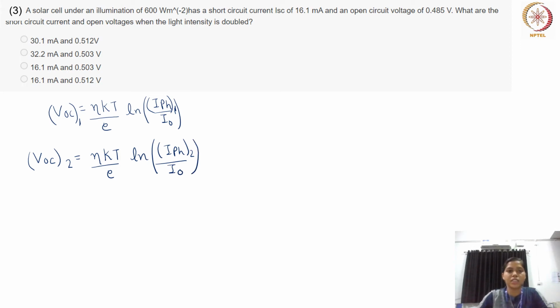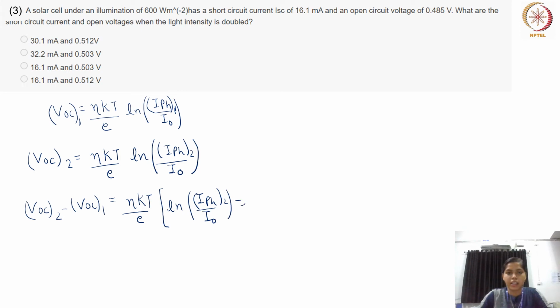Now the difference in these two values will be VOC2 minus VOC1, and since eta KT divided by E are all constant, we can write it like this: ln of IPH2 divided by I naught minus ln of IPH1 divided by I naught. Now we know a relation that ln m minus ln n gives ln of m divided by n.